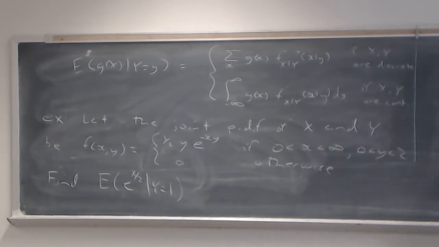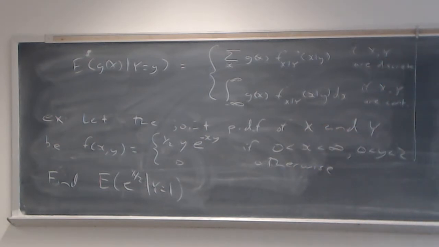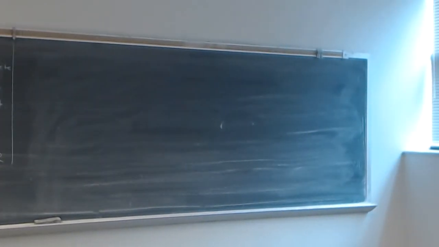Well, our situation is that of dealing with continuous random variables. That's why I have a joint PDF involved. So I'm going to use the second form of the definition for the conditional expectation.